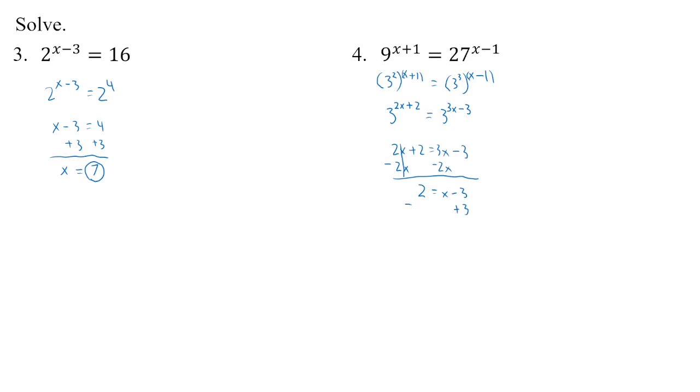Add 3 to both sides, and you will have 5 equal x. Therefore, the solution is 5. So, before you solve an exponential equation, you want to make sure that the bases are the same. And as you can see in this instance, those bases have a common base.